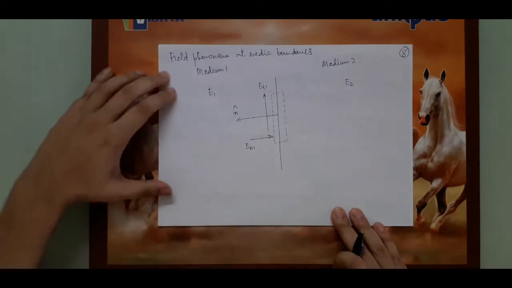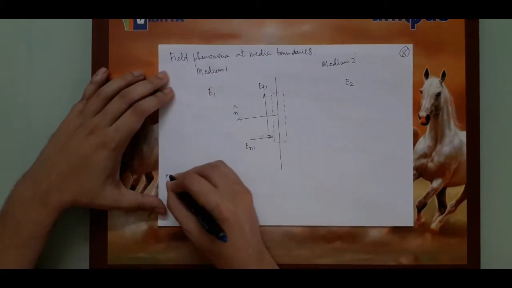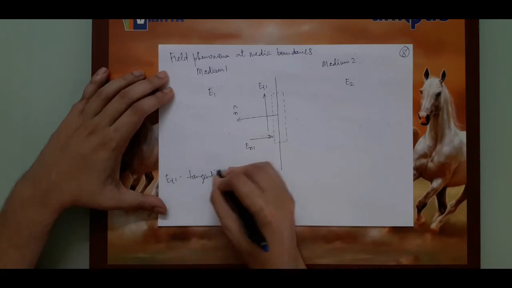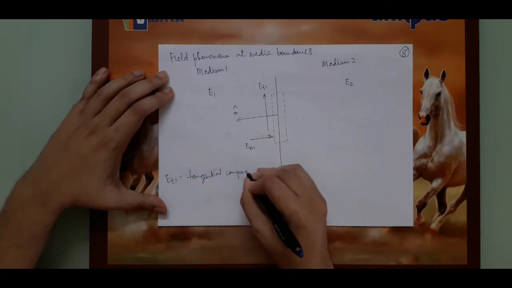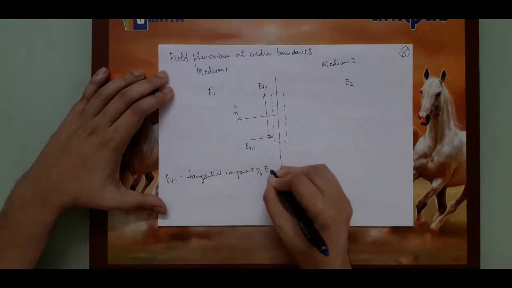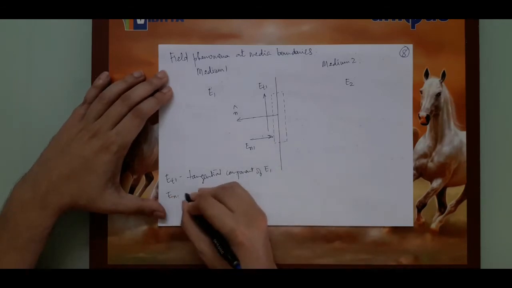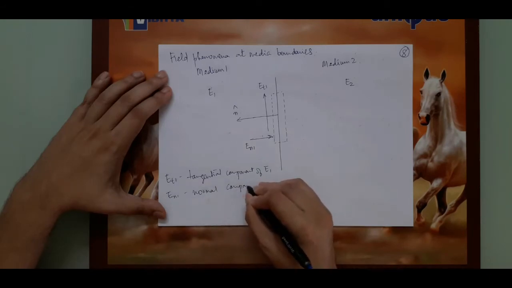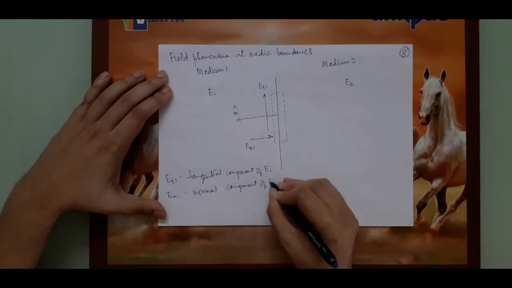So let's write this down. ET1 is the tangential component of E1, and En1 is the normal component of E1.